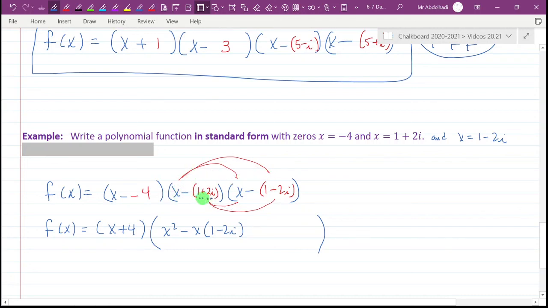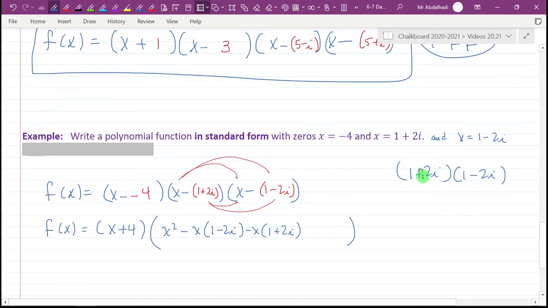Now we're going to distribute this parenthesis thing to both of these. So this thing times x with a negative in front of it is negative x times 1 plus 2i. And finally, actually make some room here. We're going to multiply this red thing times this red thing. They are conjugates. So how about we come over here in the scrap area, 1 plus 2i times 1 minus 2i, okay?